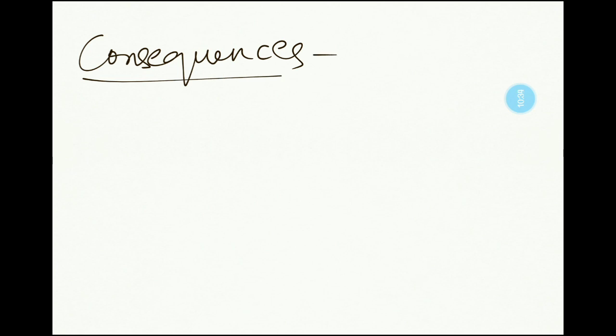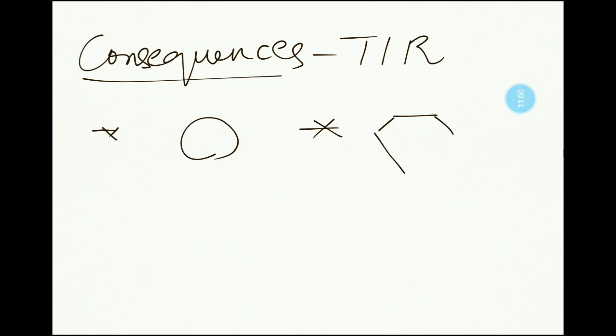So the consequences of total internal reflection. Where can you actually see this? Due to the total internal reflection, firstly you can see that the air bubble in water appears shining. And due to this total internal reflection only, the diamonds are going to glitter. And mirages are formed.